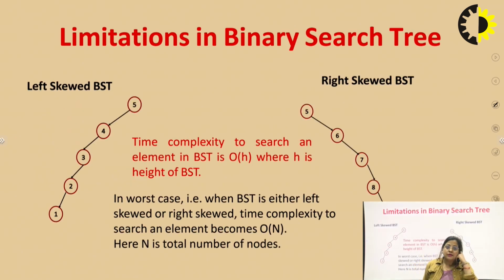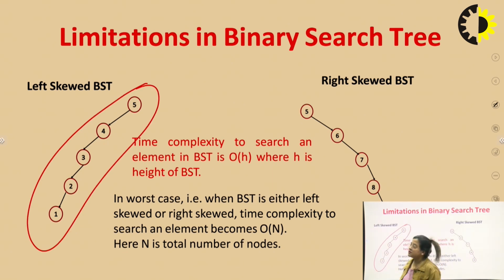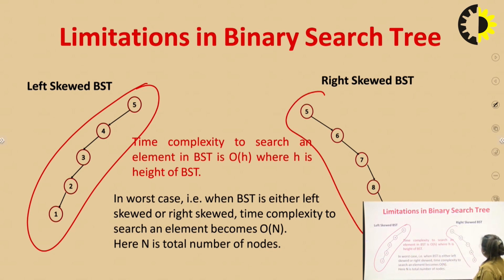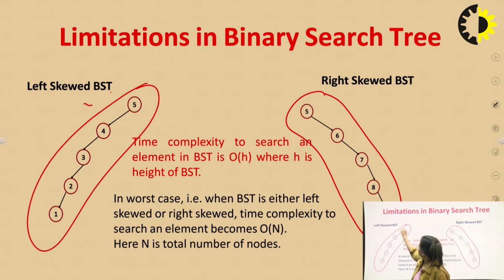First is the limitation of BST, what types of limitation occur in BST before the AVL tree comes. When we construct a BST according to the BST property, a left subtree or right subtree is generated. For example, if you have the numbers 5, 4, 3, 2, 1 and you construct a BST, the height is increased.